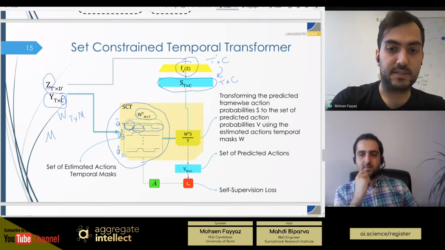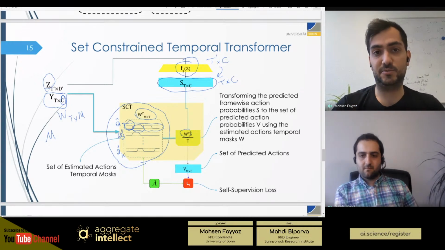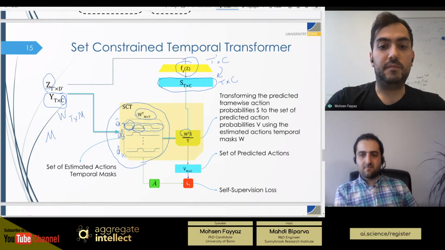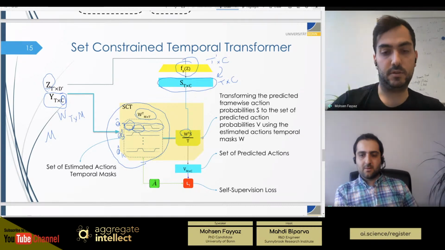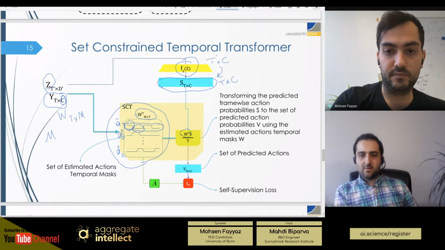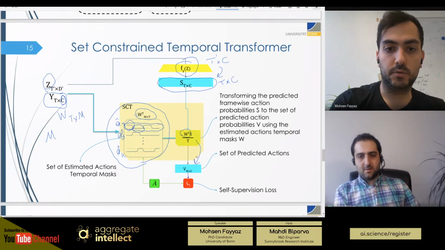And we have these masks, which have more contextual information in them, and they also have some temporal information from this length estimator. If we multiply this mask by this S tensor and just normalize it by T, what will we get? We will get V. How? I write the equation here.